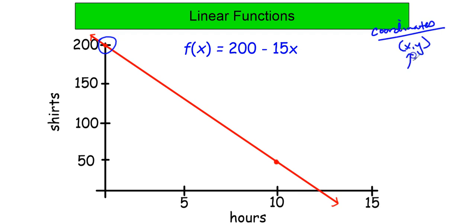So this tells us how far in the x, and this tells us how far in the y. So this point right here, this happens to be our y-intercept that we took from the slope-intercept form. This point would be written as 0 in the x because we didn't move off of that y-axis. We didn't move left or right. So 0, comma, and then we had to go up 200. So that would be 0, comma, 200. This would be the y-intercept.